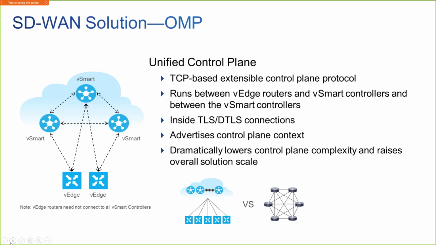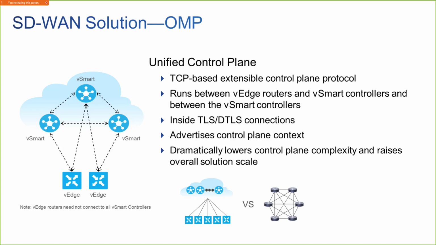So the next element that we talk about is OMP. And I mentioned this briefly before. OMP is the Overlay Management Protocol. It's a central component of the SD-WAN fabric. Well, they're all kind of central, I guess, but these work together. It's TCP based.